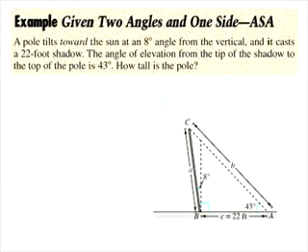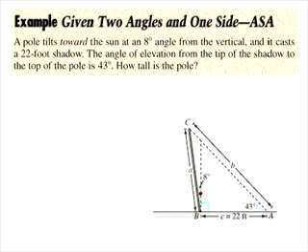And for our next example, let's take a look at the situation where we are given two angles and one side, the angle side angle example. A pole tilts toward the sun at an 8-degree angle from the vertical. So we see that this little angle, if we went vertically straight upward, we'd be here. This little distance is 8 degrees.